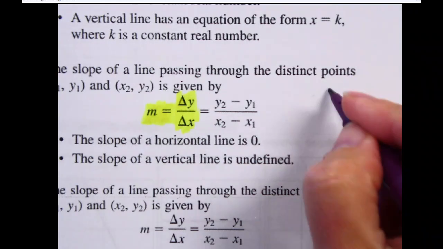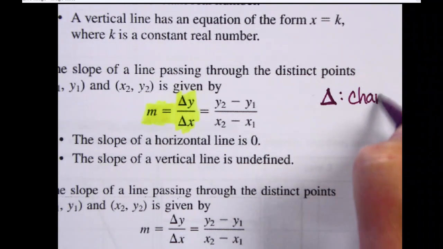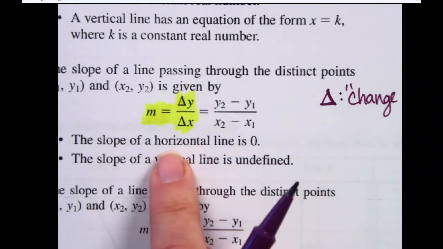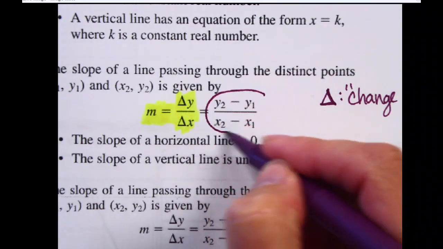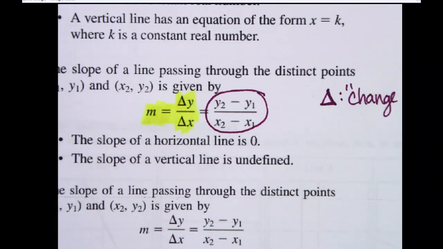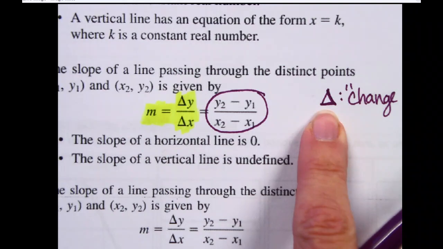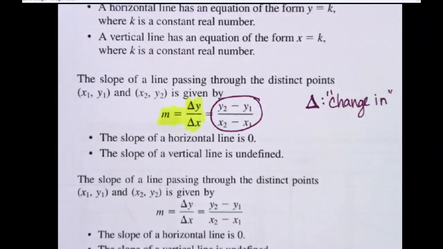So that is delta, and what it means is change in. So we've got the change in y over the change in x. You guys recognize that as the slope formula, y2 minus y1 over x2 minus x1. You'll see this more and more, especially as you get into calculus. So it's just change in.